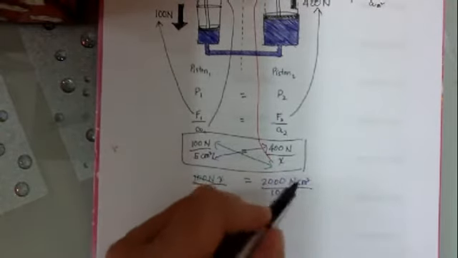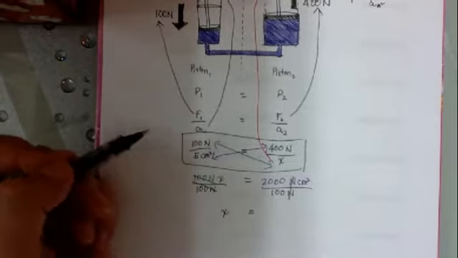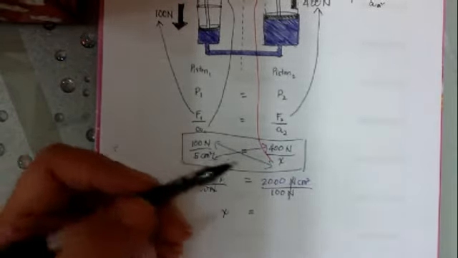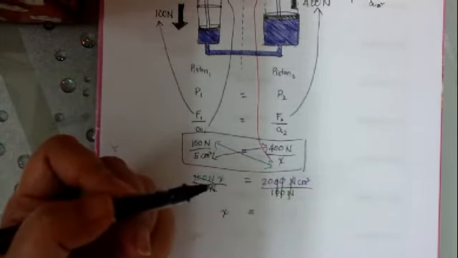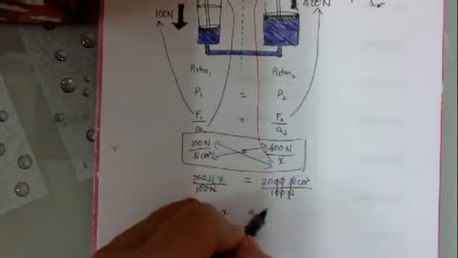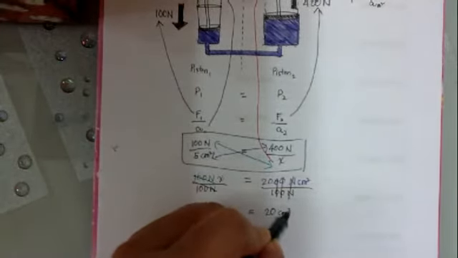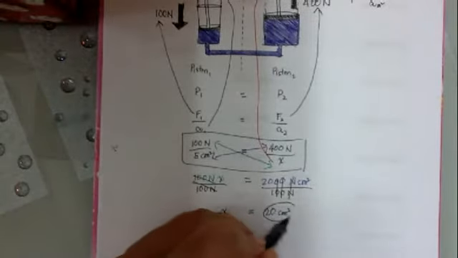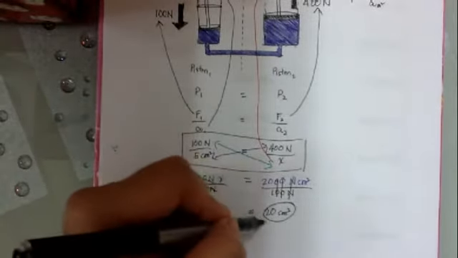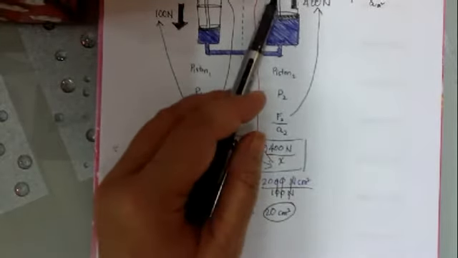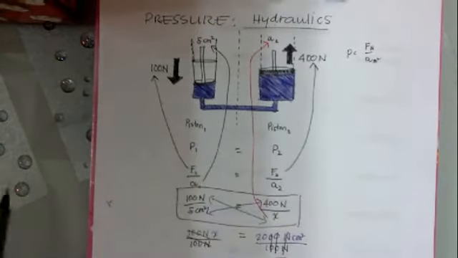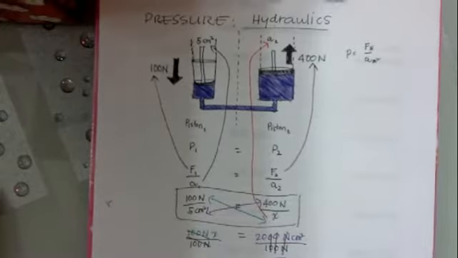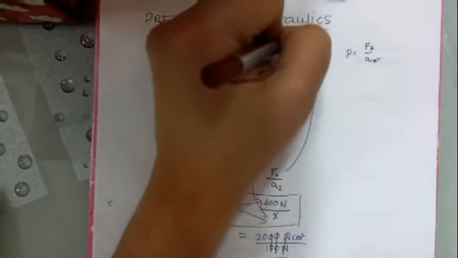I can cancel the unit newton because newton over newton is equal to 1. I can also cancel the zeros, which makes the division easier. So what do I have left? 20 centimeters squared is equal to x. That means the area of piston 2 is 20 centimeters squared.